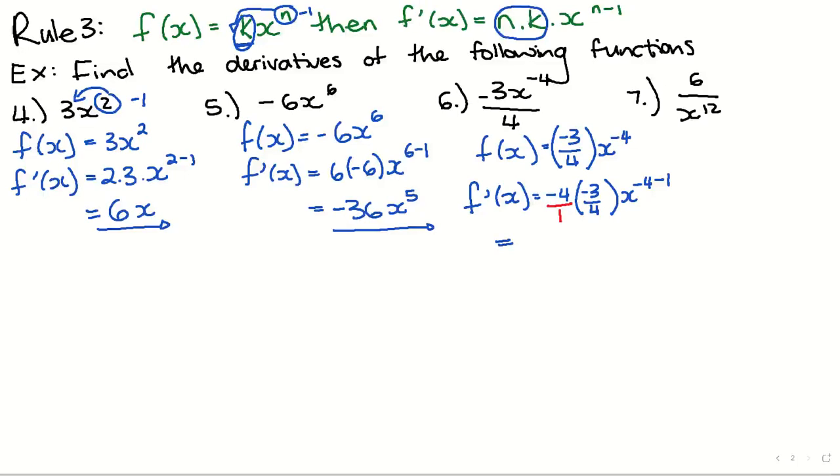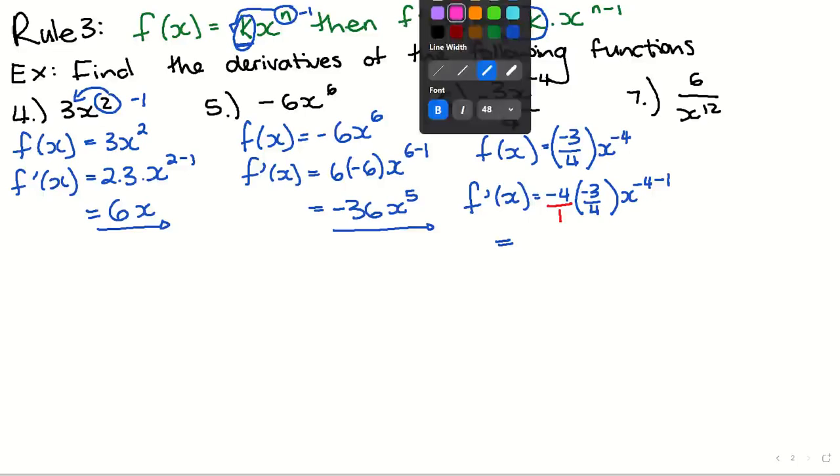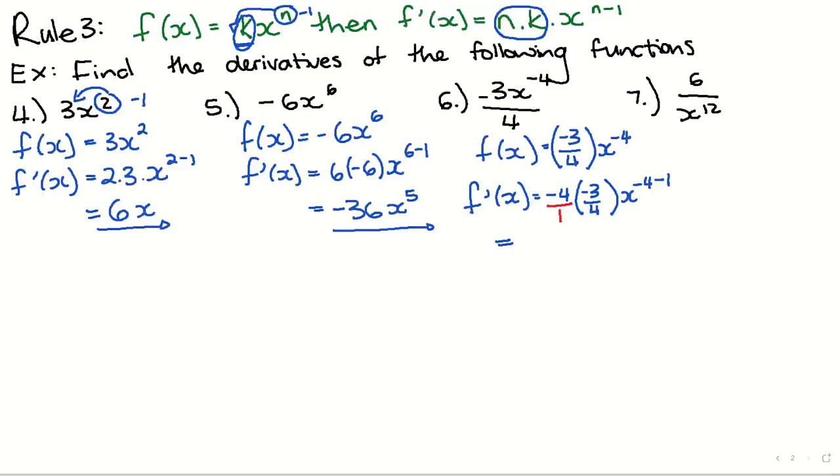But in this case, we end up having these two be the same. So we can actually cross simplify. 4 goes into itself once and can go into minus 4 minus 1 times. Now we've cross simplified it. We can times. Minus 1 times minus 3 ends up being 3, and minus 1 times 1 is still 1. We don't have to put it over 1. And we're left with x to the minus 4 minus 1, which is minus 5.